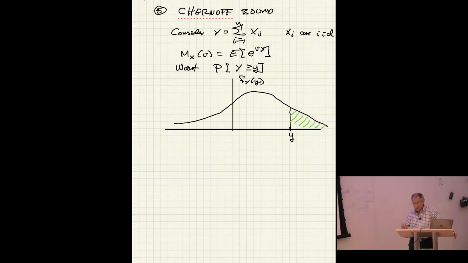That area is the probability that capital Y is greater than or equal to little y, right? That's what this expression up here is asking for. Which means I want to take this f sub y of y and multiply it by the following. Oops, let me make it red.